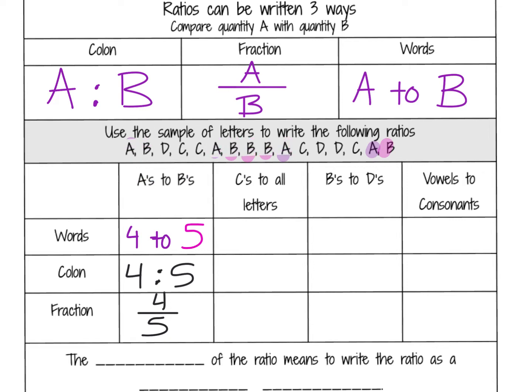I'm going to erase my markings real quick. Alright, the next ratio it asks us to find is C's compared to all letters. So I'm going to count how many C's there are, then I'm going to count how many total letters are in that list.